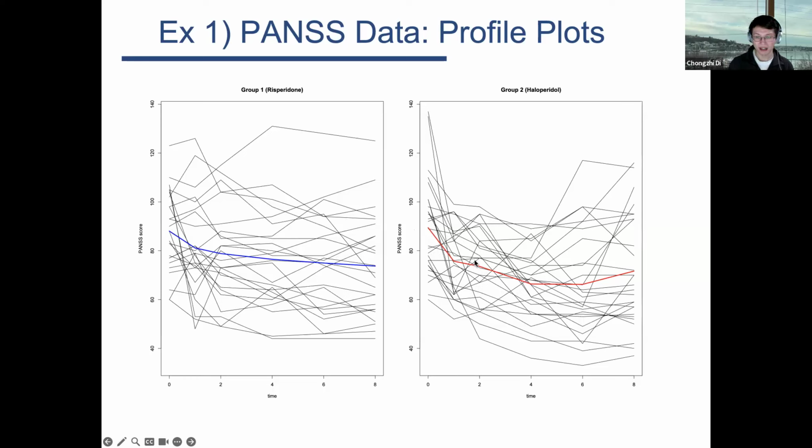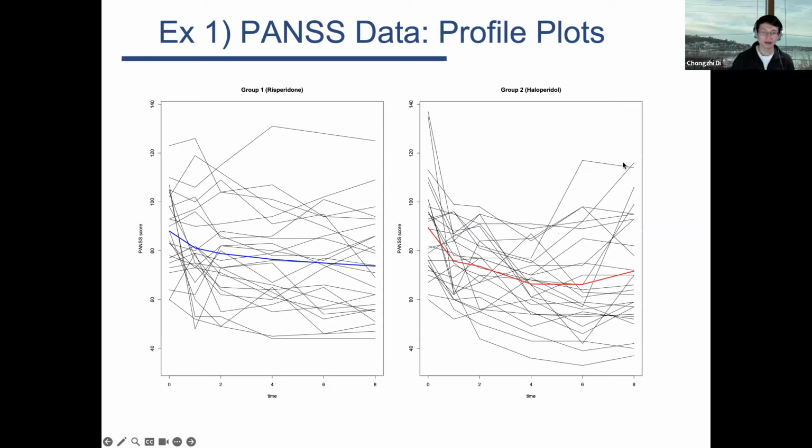You also see variations across individuals. Some individuals, like this one, show very fast declines of the score. But others, like this one, remain pretty constant in the beginning but increase in the end.